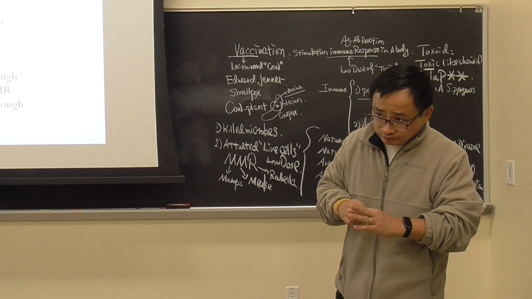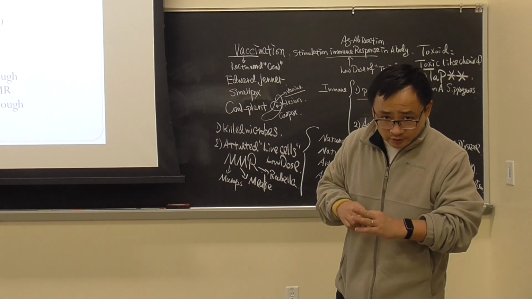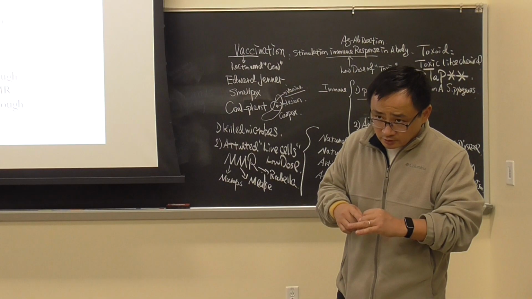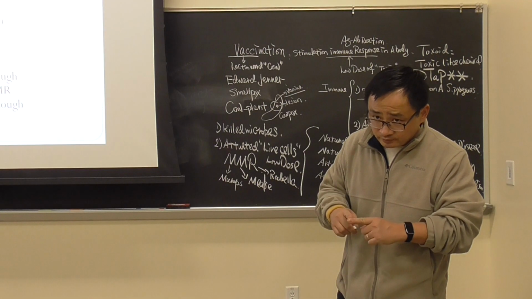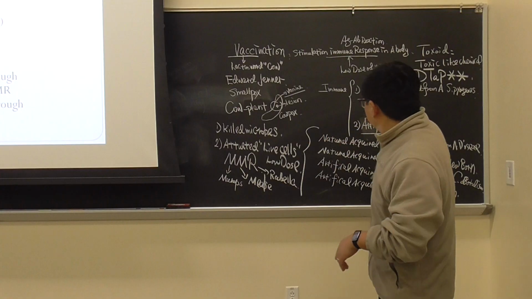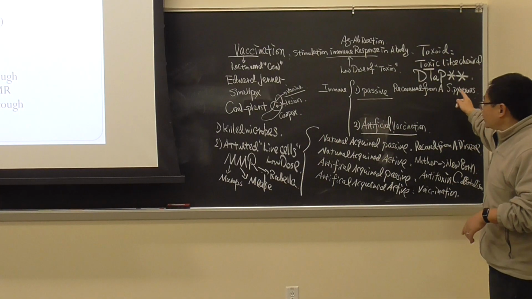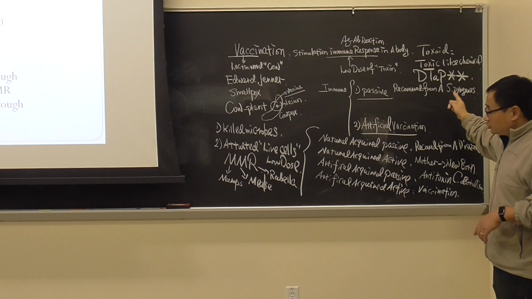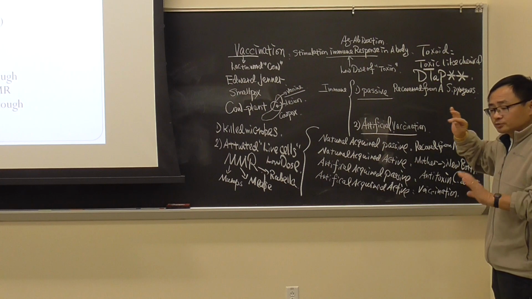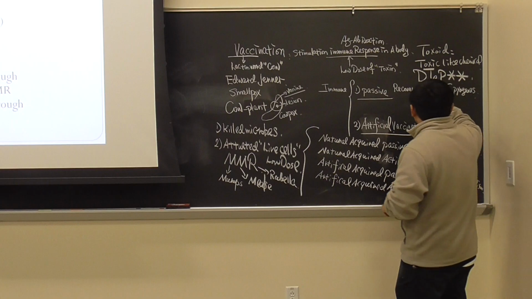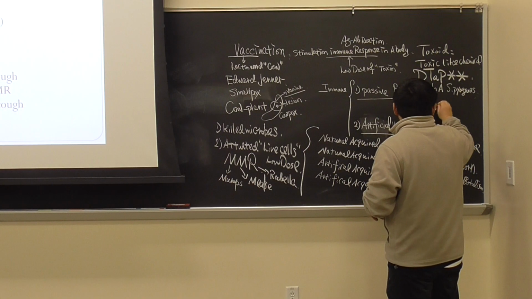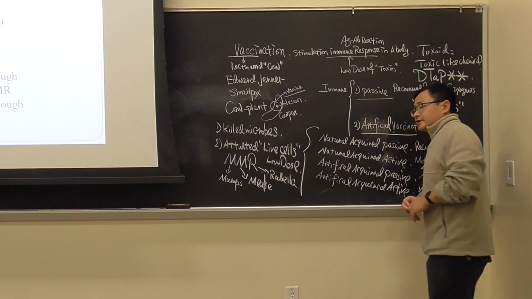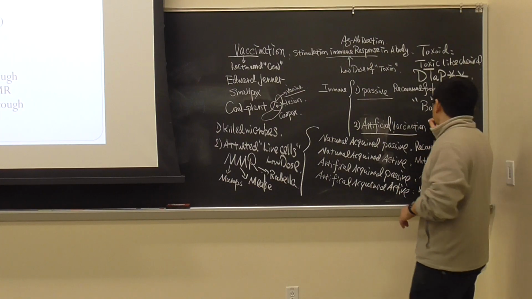What is T? Clostridium tetani. What is P? Bordetella pertussis, for whooping cough. DTAP, the vaccine, you heard about that. But unfortunately, in your lifetime, you need to have multiple shots. We call them boosters. The reason is this only activates T cell.